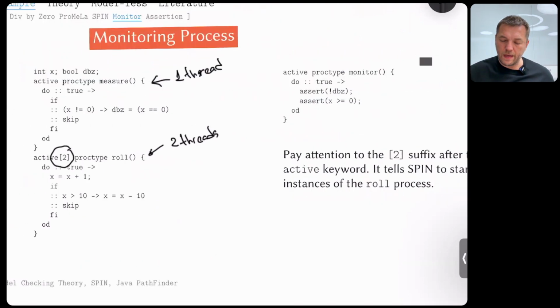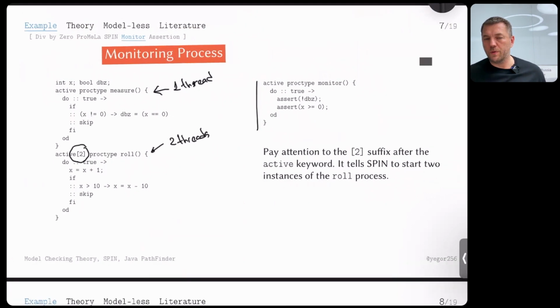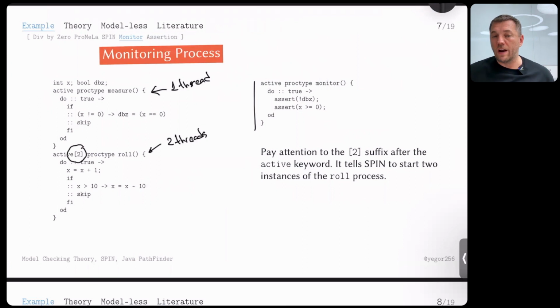And on top of that, I put a monitor process, an additional process, an additional thread. So it's going to be 1 thread, 2 threads, and the thread number 3, another thread, 1 thread here. And this one will do exactly, now you understand the syntax, so you can guess easily what it's going to do.